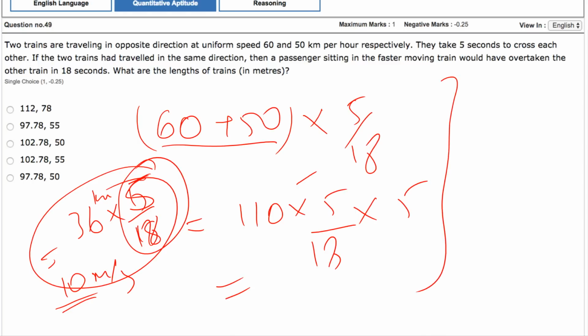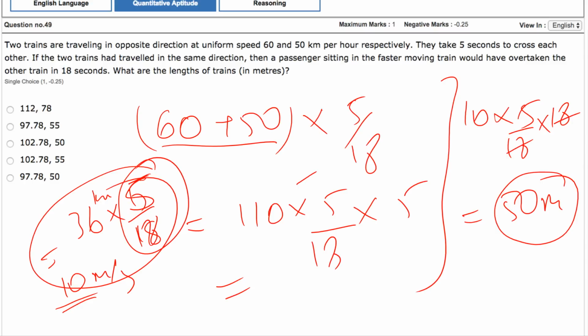Now, if the two trains traveled in the same direction, the passenger sitting in the faster one would overtake in 18 seconds. That means the relative speed will become 10 here, and 10 kilometer per hour means 10 by 18, and in how many seconds? 18 seconds. So I clearly know the smaller train is 50 meters. So now these options are already gone. I have to just look at these two options. Now if I know the total length of the train, I can just eliminate. If I look at this one, again I am seeing my 1 by 18.